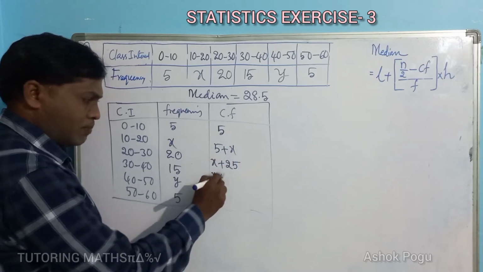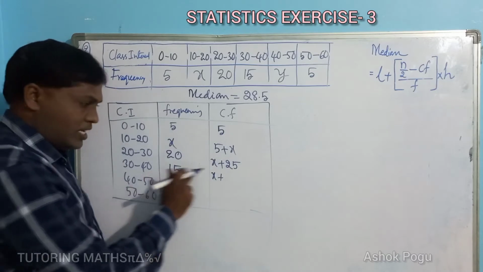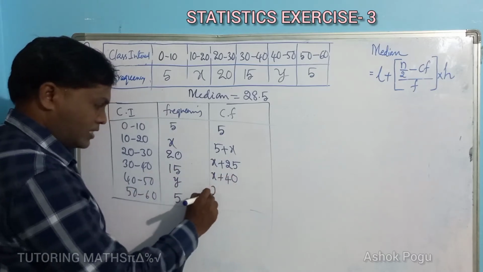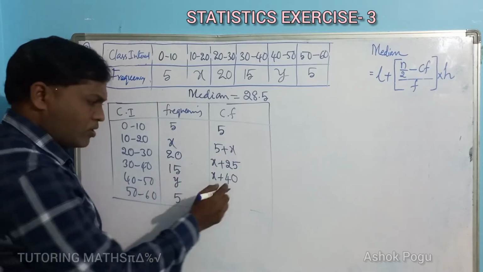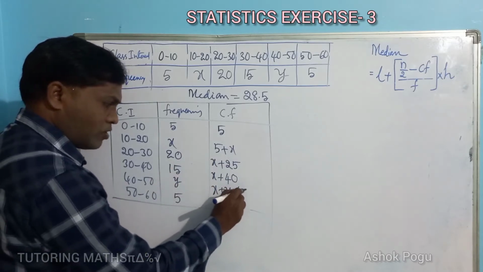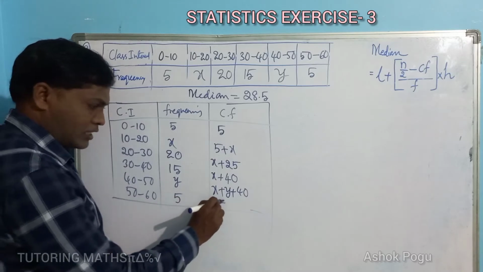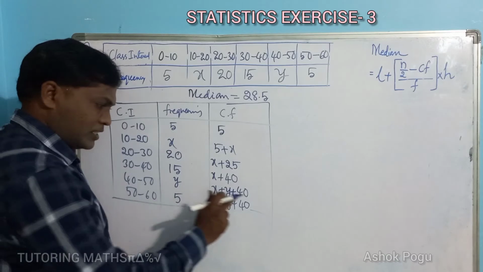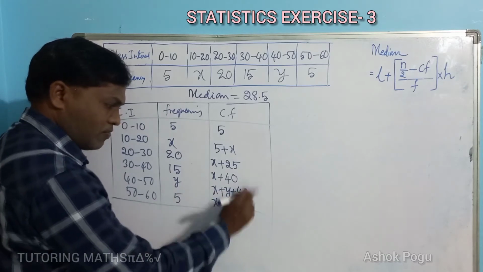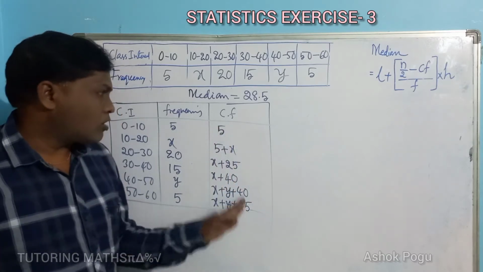Next, x plus 25 plus 15 is x plus 40. Next, x plus 40 plus y, y is a variable, so you get x plus y plus 40. And finally, x plus y plus 40 plus 5, that is x plus y plus 45. So we have got all the results.